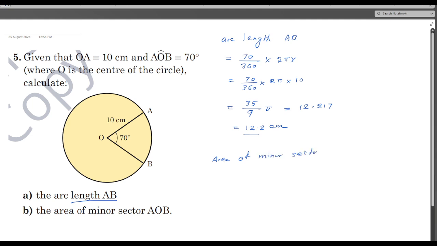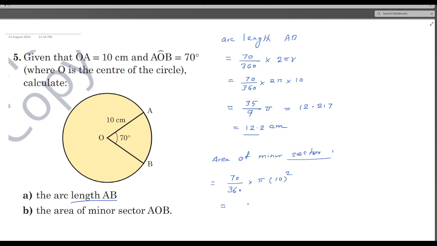Okay, so here for length we are taking fraction of angle at the center times total length, which is 2 pi r. Similarly for area we will again consider fraction of angle at the center times total area, which is pi times r square. Now r is 10, so 10 square. So the result will be 70 divided by 360 times pi times r square, which is 100.